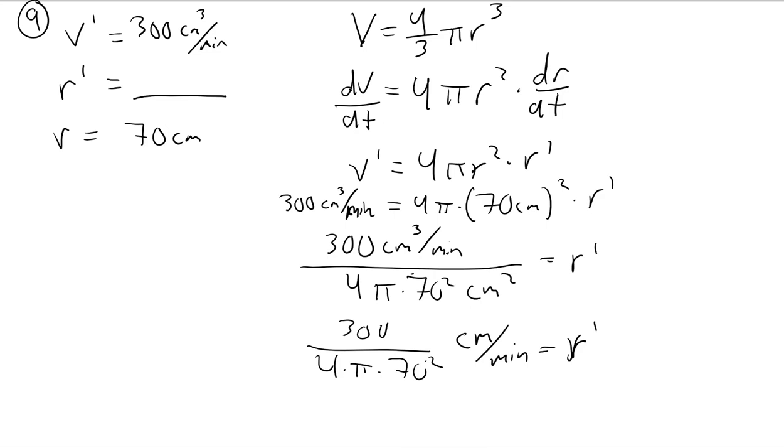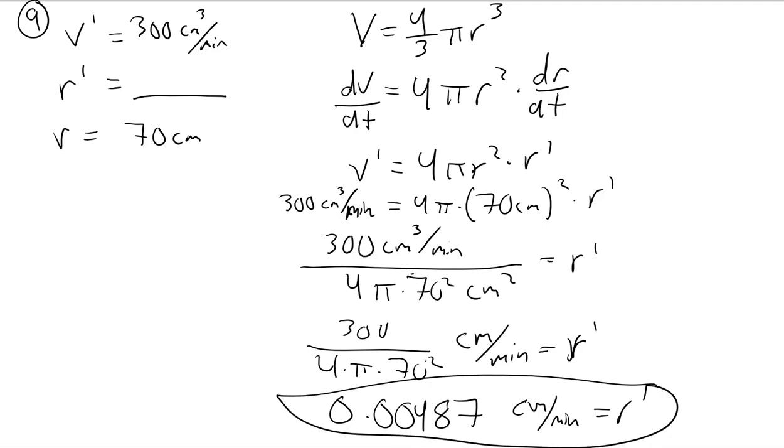So in my calculator, if I do 300 over 4 times pi times 70 squared, I get 0.00487. And that should be the answer. Did you happen to get an answer similar to that?